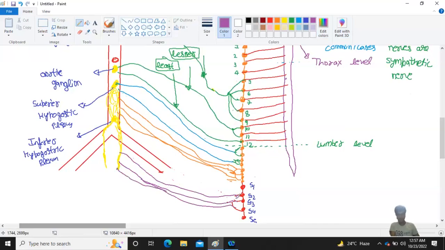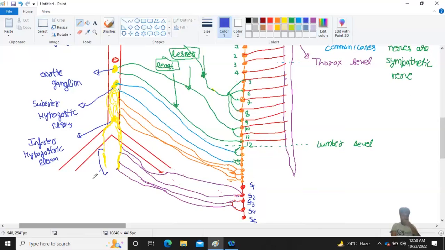Basically 4 nerves drain to this inferior. So here the inferior hypogastric. This is the pelvic plexus, in the pelvic region.